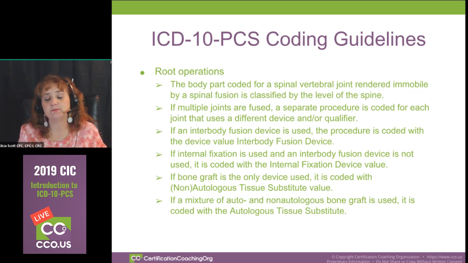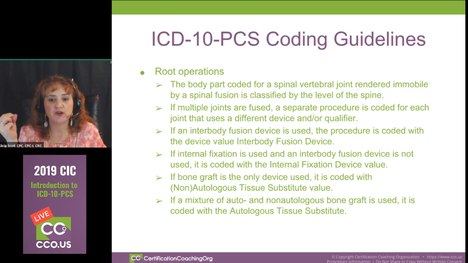If you fuse multiple joints, then you're going to use your PCS code for each joint, and then you're going to do a different device or qualifier, those last two characters. Maybe we're going to do an interbody fusion device, so we're placing in rods or something like that.